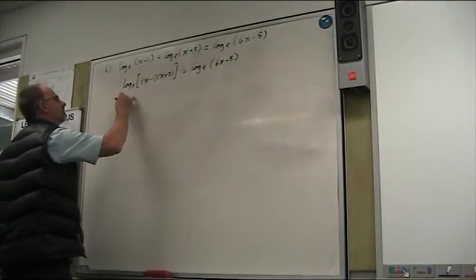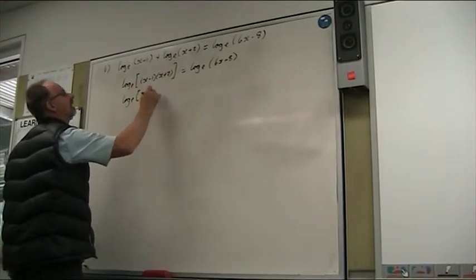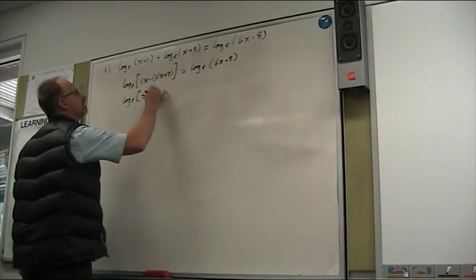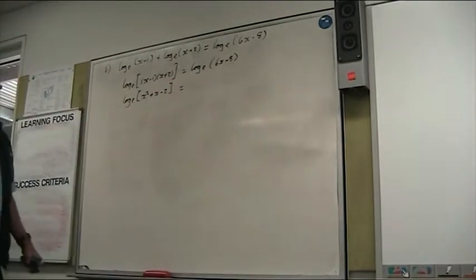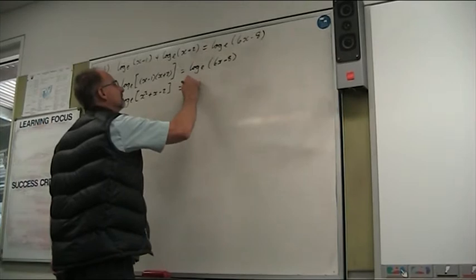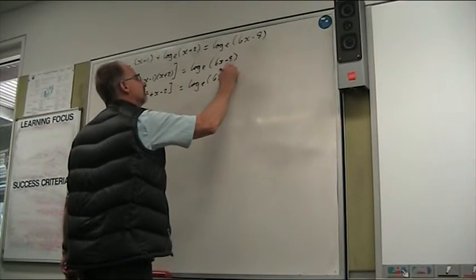So as people have said, x squared plus x take 2, equals log to base e, 6x minus 8.